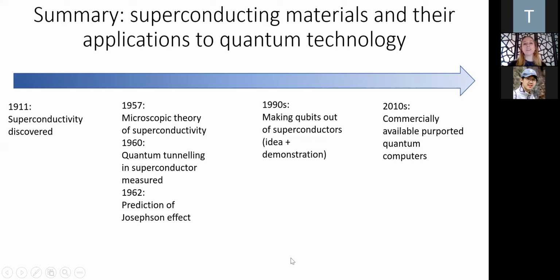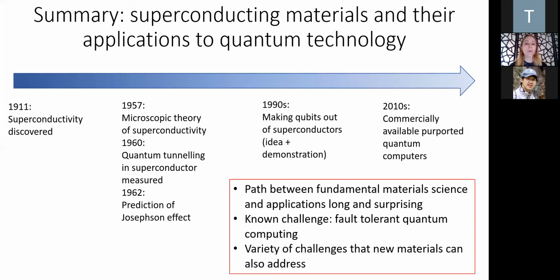And then 20 years after that, the commercially available purported quantum computers, specifically D-Wave, started to be available. So all of this is to demonstrate how the path between fundamental science and applications is long and surprising.